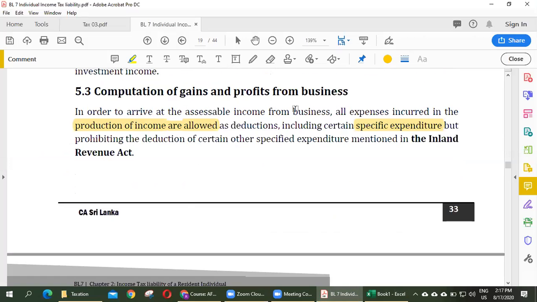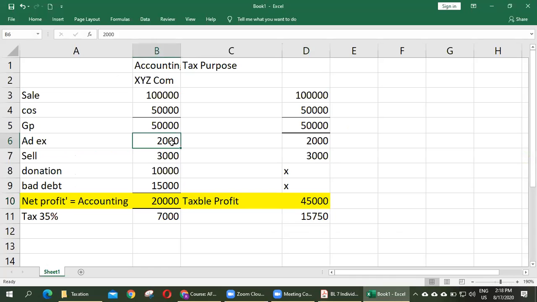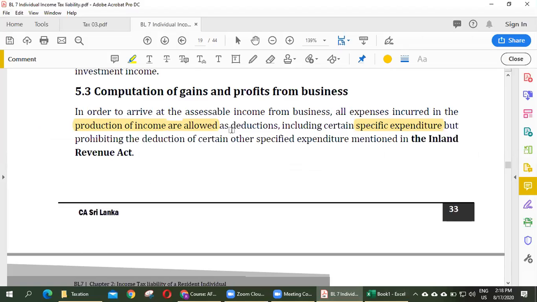Computation of gain and profit from business. In order to arrive at the assessable income from business, all expenses incurred in the production of income are allowed. Admin expenditure and selling expenditures are allowed in calculating profit, including certain specific expenditure.